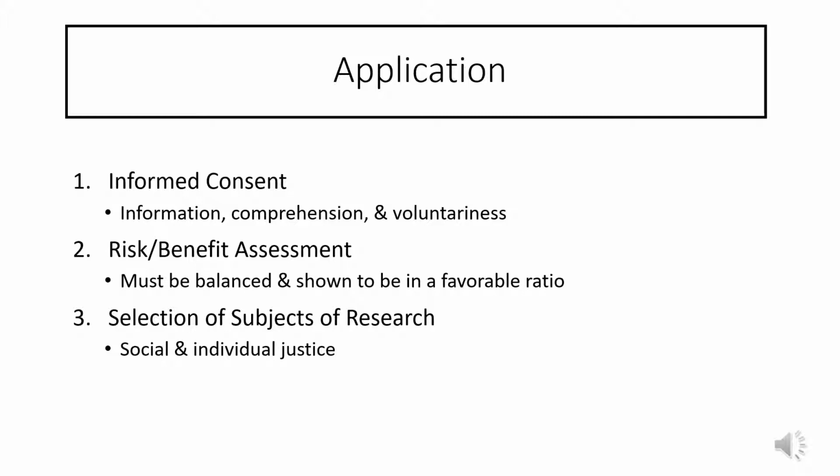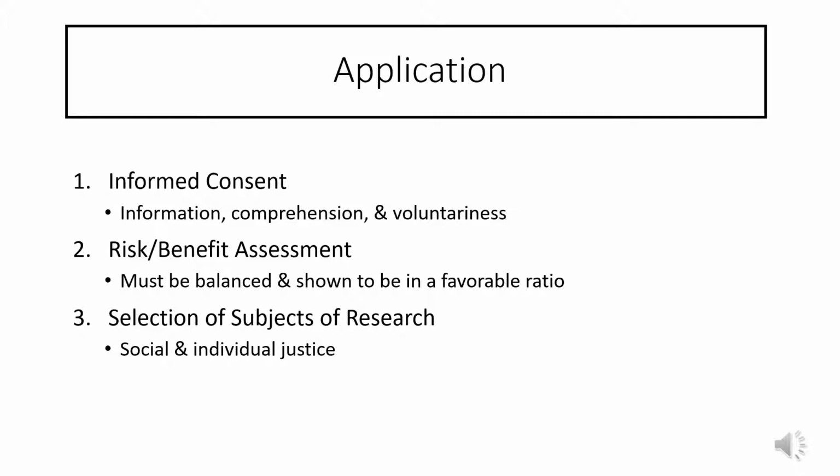This is the principle of justice that gives rise to moral requirements that there be fair procedures and outcomes in the selection of research subjects. There are 2 levels to this: social justice and individual justice. Social justice requires that a distinction be drawn between classes of subjects that ought or ought not to participate in any particular kind of research.